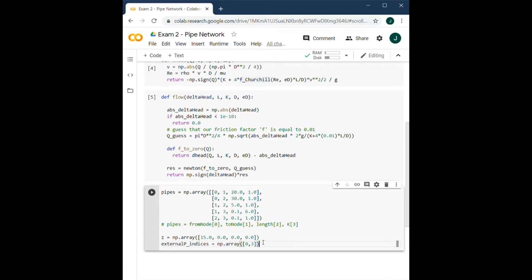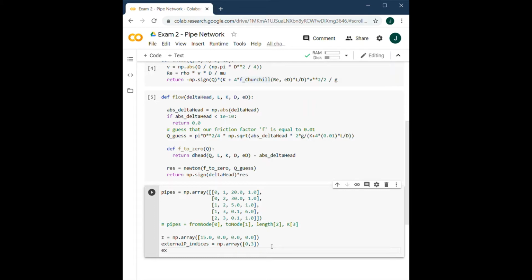This creates an array of a 0 and a 3. When we use it later, it's going to signify that node 0 and node 3 are our external nodes. Then we can compare that to our internal nodes of 1 and 2 to get our full system.